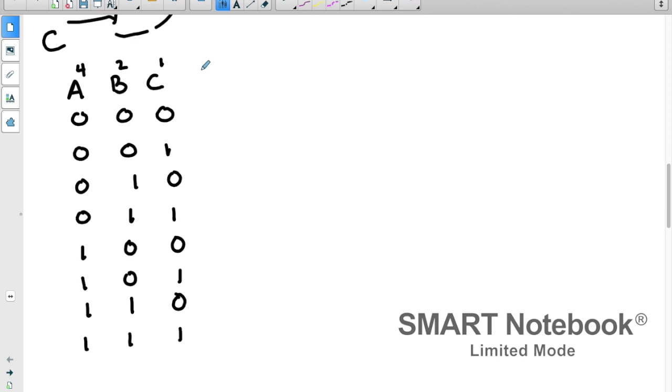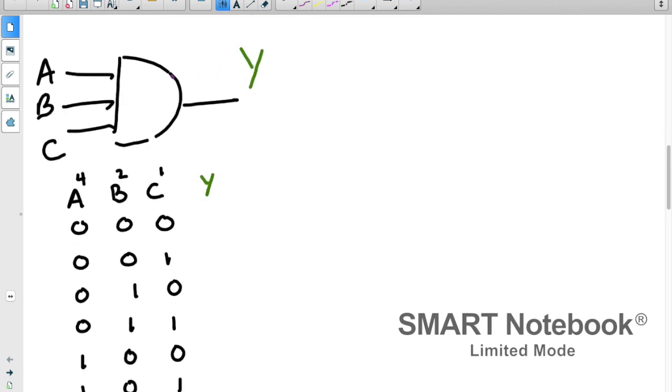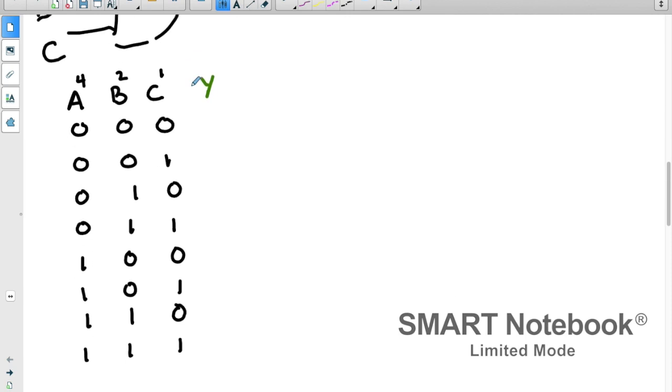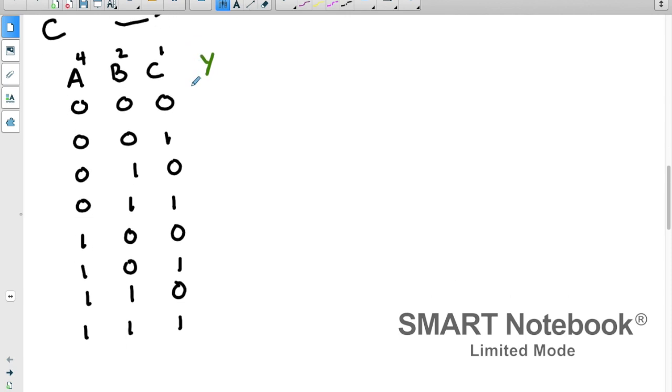And then we're going to look at my output. My output requires me, this is called an AND gate for a reason. AND means that I want all 1's. Which one's the only one that works here? The last one. So the last one's the only one that's acceptable.